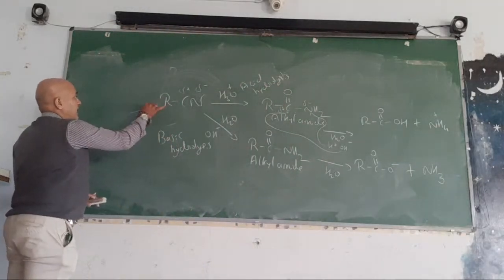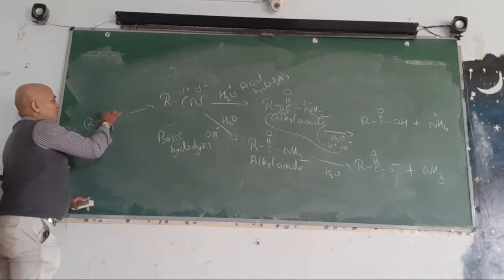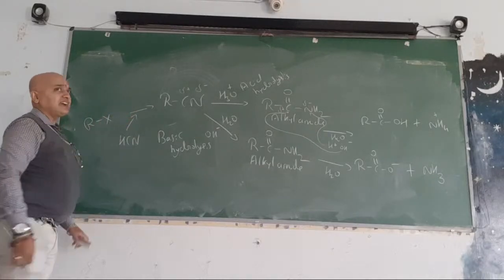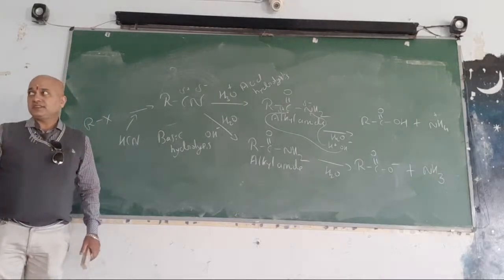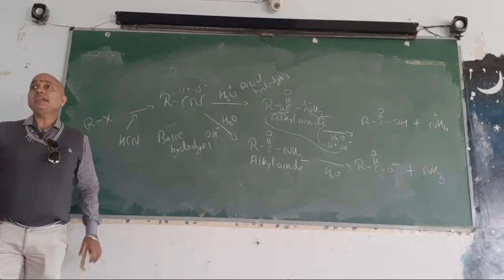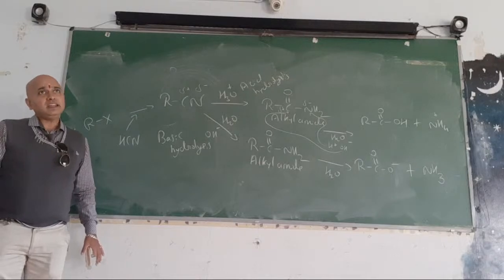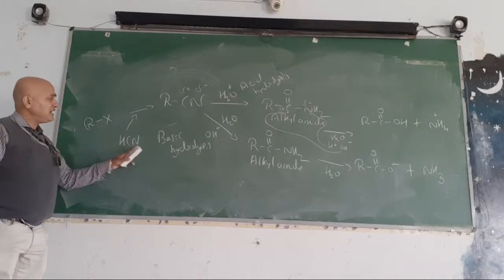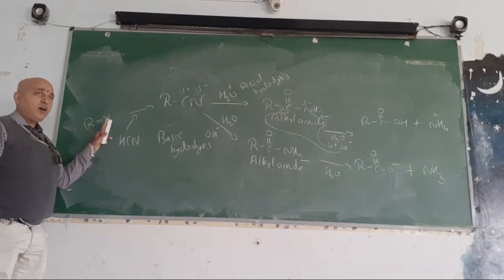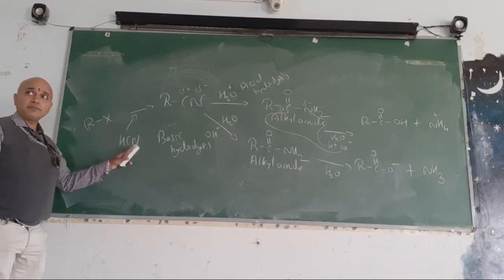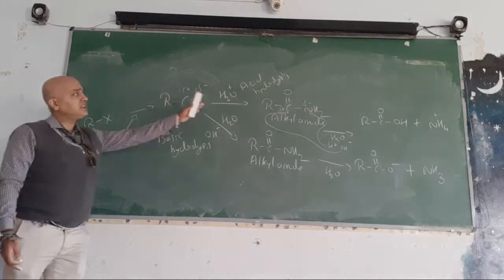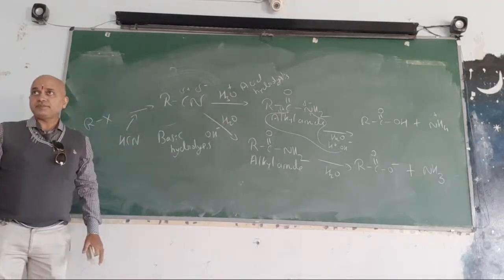Where I have got the alkyl halide, treat with hydrogen cyanide or sodium cyanide, whatever it is. So now what will happen? Nucleophilic substitution reaction where X minus will be substituted by CN minus, or halide will be substituted by nitrile. So we are going to get this molecule and further reactions are the same.